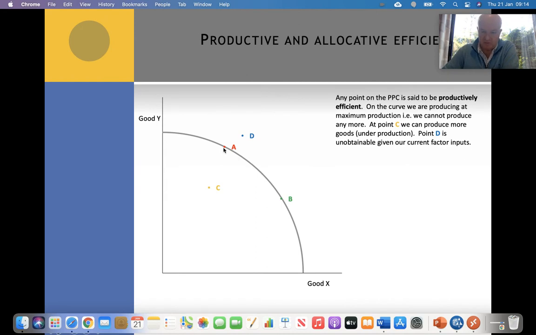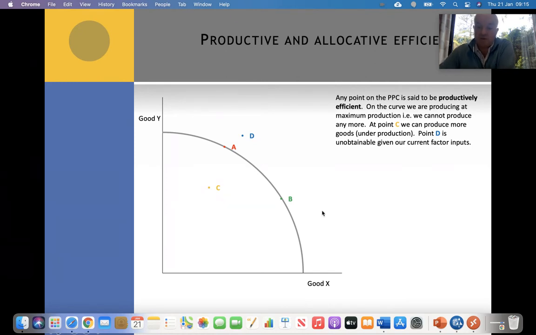Now, if we produce at A or B, we are being productively efficient. Okay, now depending on the decision making and the preference that consumers may have, we may actually choose to either produce at A or B. But that's more down to the preference that a customer might have in terms of whether they would rather prefer good X or good Y.